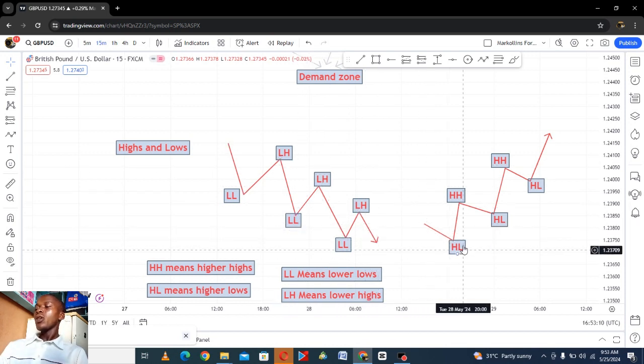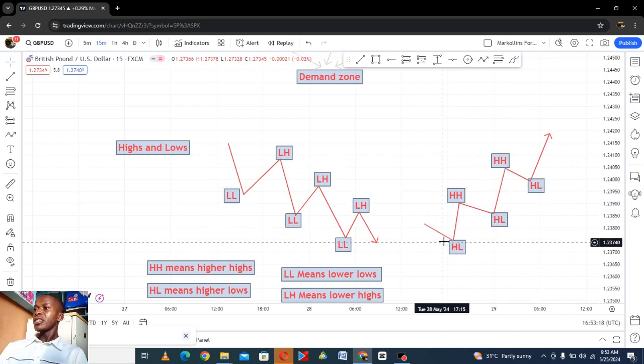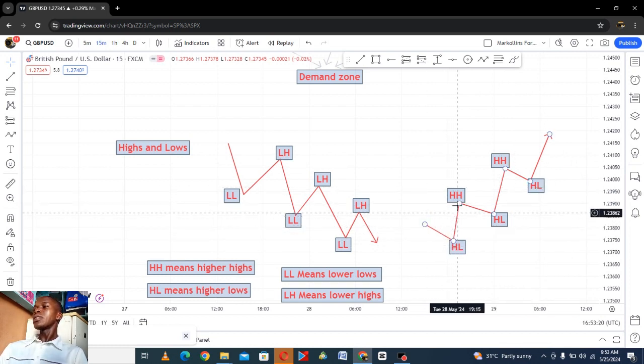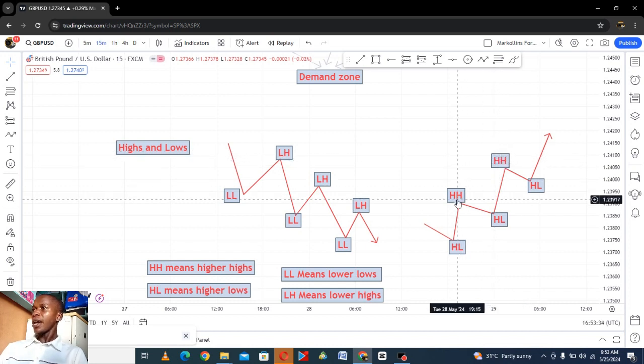Then another thing: higher high, higher high, then higher low, higher low. This market is trending up. It trends up to this high and comes back to this higher low. This is a low, it comes down, but it does not come down below the previous low. Then this is another high, higher than this previous high.